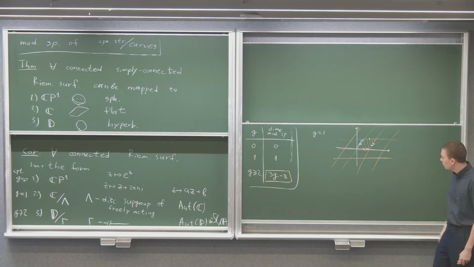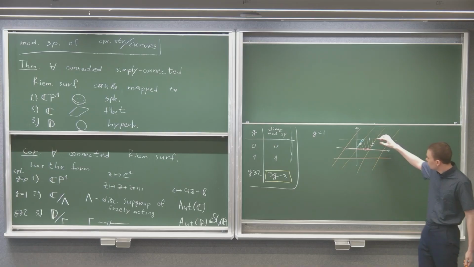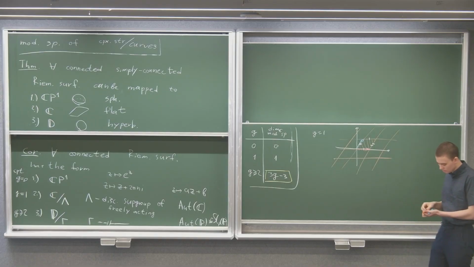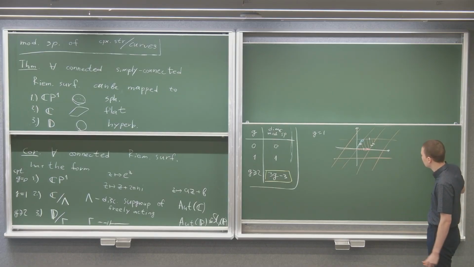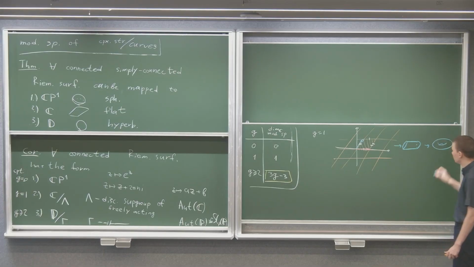And this is how we're taught to visualize the Riemann surface without any quotienting: we take this side and glue it to this side, and take this side and glue it to that side. First we get a short cylinder, and then we get a torus. I hope that's a familiar picture for everyone.